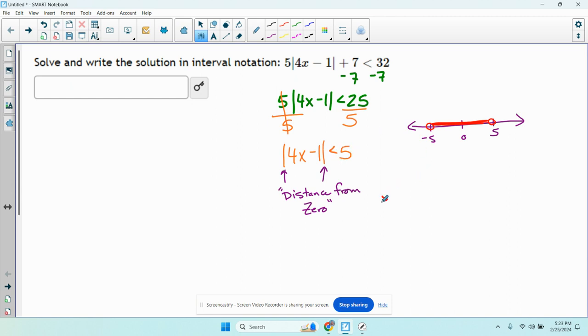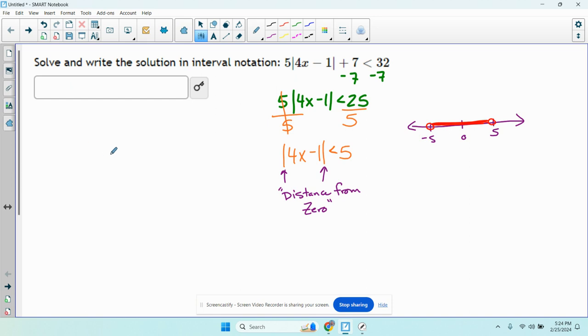If this thing was greater than 5, then it would be everything outside of the 5s, from negative 5 to negative infinity and from positive 5 to infinity. But since I want the absolute value to be less than 5, it's the stuff contained between the 5s.